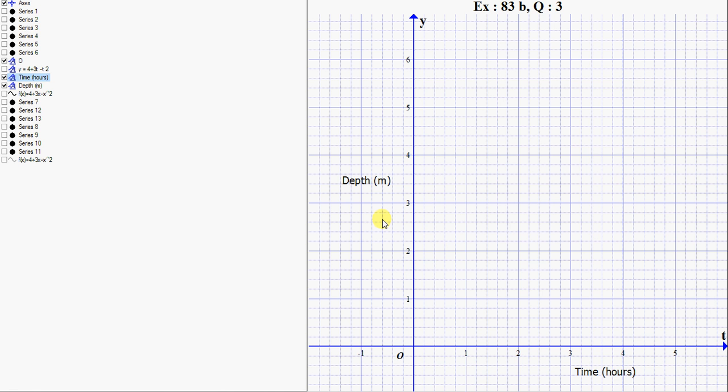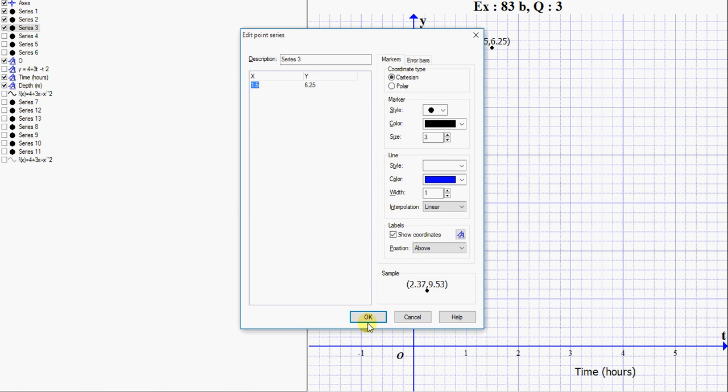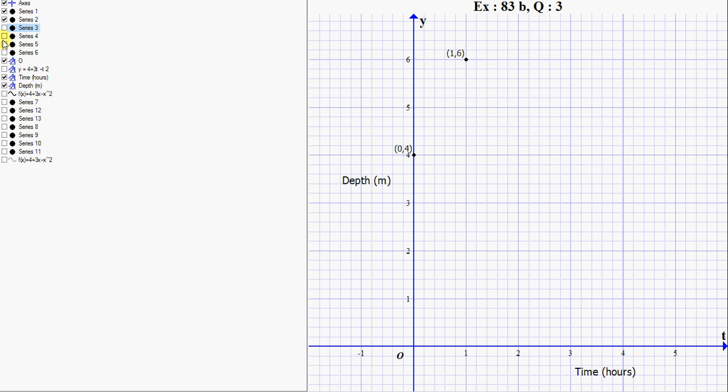Now the first point is 0, 4, second point 1, 6, third point 1.5 and 6.25.